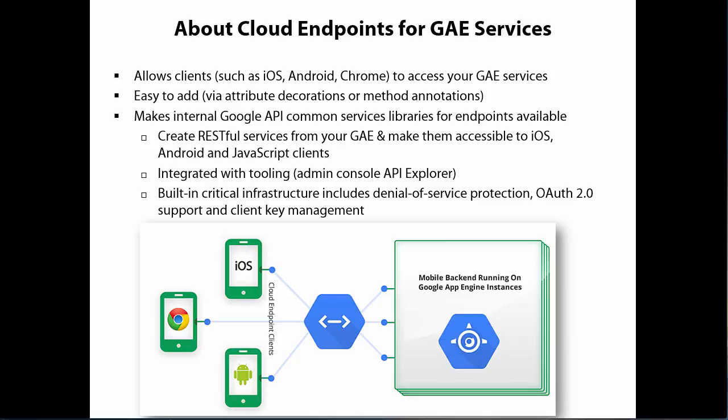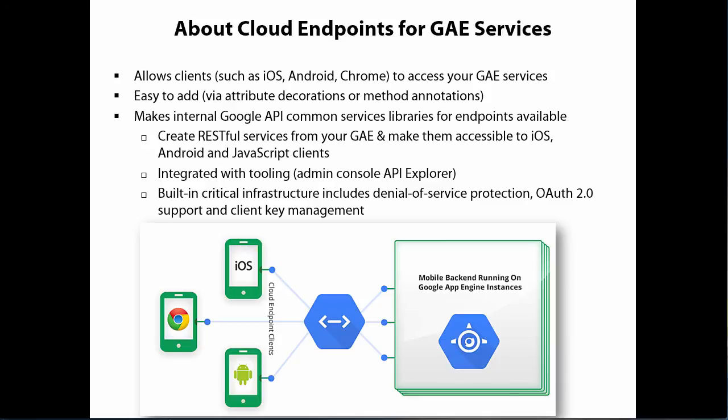So if you make your Google App Engine service a cloud endpoint, and you want to make your service available for consumption by Android or iOS developers, they can then explore your API through the browser-based tooling, which is cool.